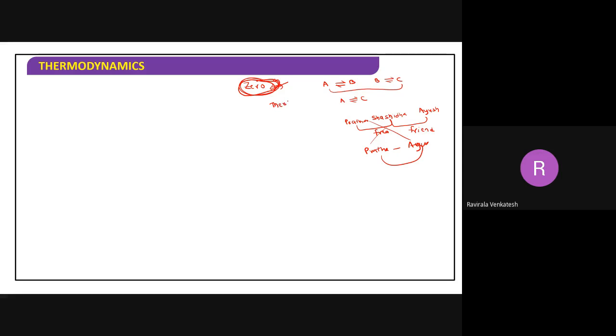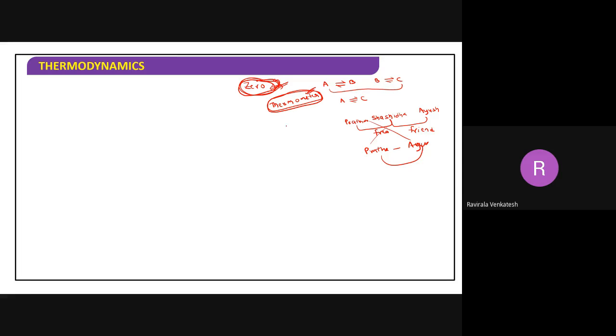When you suffer with fever, how do you know the temperature of your body? By using a thermometer. Nowadays we are using IR radiation because of COVID. That is different. But the thermometer is the best example for the zeroth law.